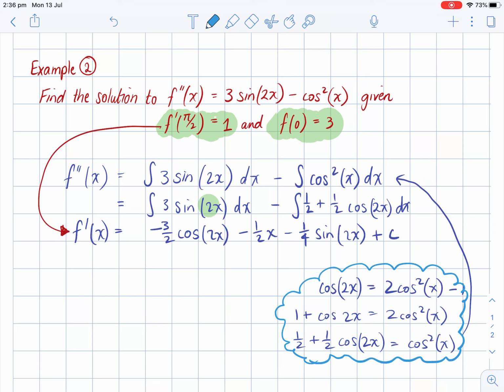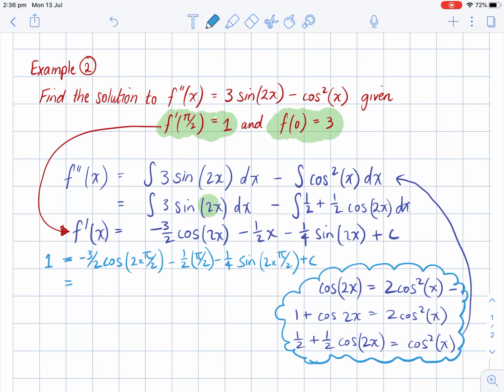All right, so when I substitute in pi on 2, I end up with an answer of 1. So I'm going to have 1 is going to be equal to negative 3 on 2 cos of 2 times pi on 2, minus a half times pi on 2, minus a quarter times sine of 2 times pi on 2, plus c.